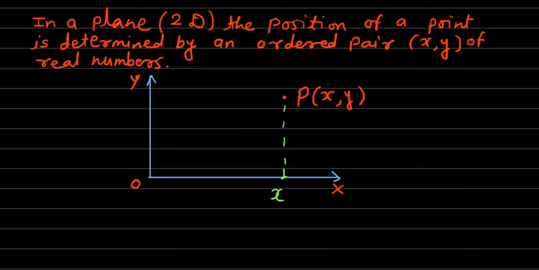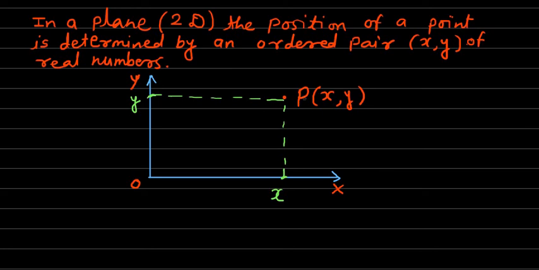Then we say that the x coordinate of the point P is x. Similarly, if we draw a perpendicular on the y-axis from the point P, then the foot of the perpendicular will be at this point, and this point is y.